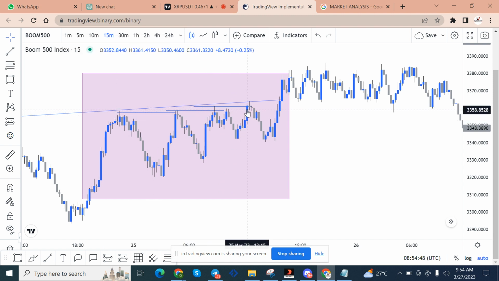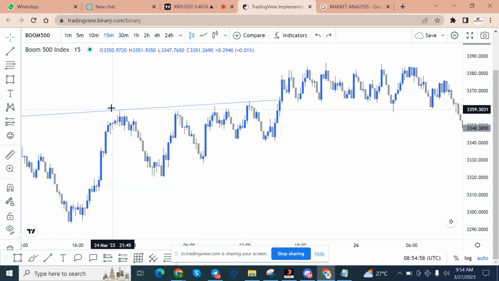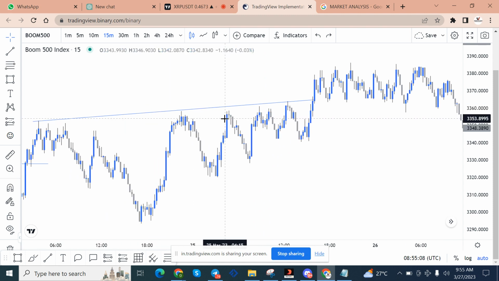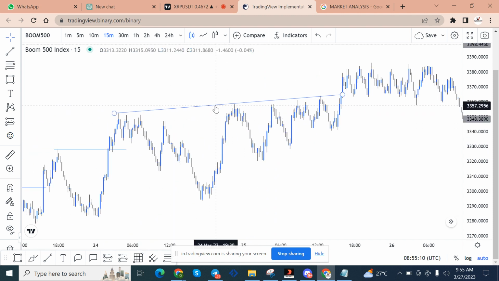And so if you did this back then, when Boom 500 had this market scenario, it was totally wrong. So just so you know, for a valid break of structure, the body of the candle must break the high or the low, whichever one, not the candle wick.